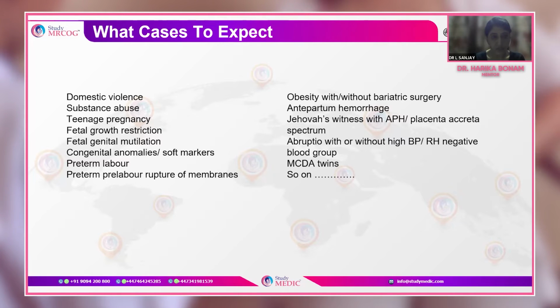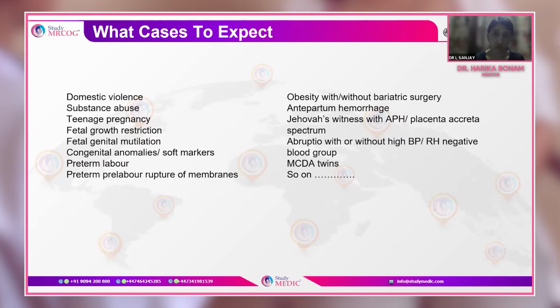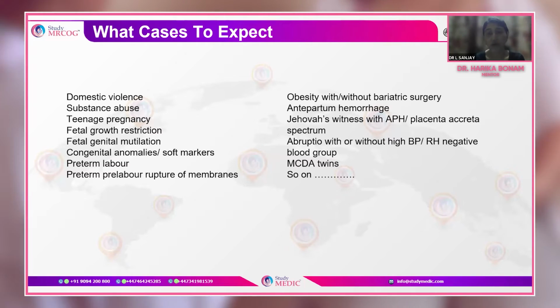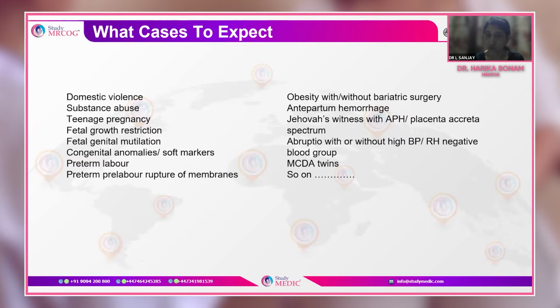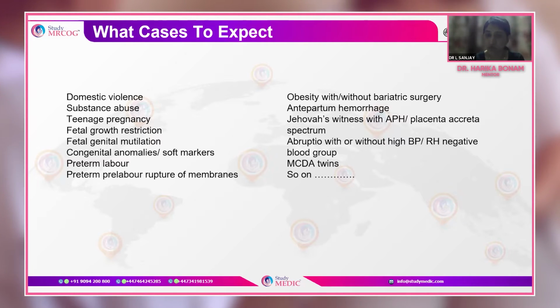Or it could be preterm labor, it could be a maternal obesity case with or without a history of bariatric surgery, pre-conception counseling, or an antepartum hemorrhage or placenta previa, or it could be abruption with high blood pressure, and the typical scenario could also be combined with abruption.